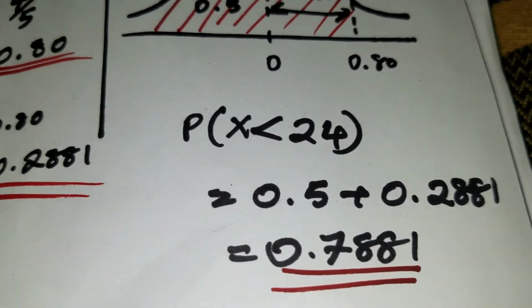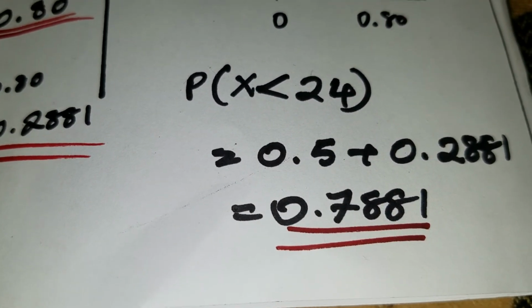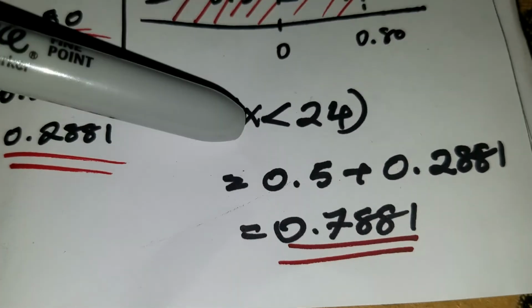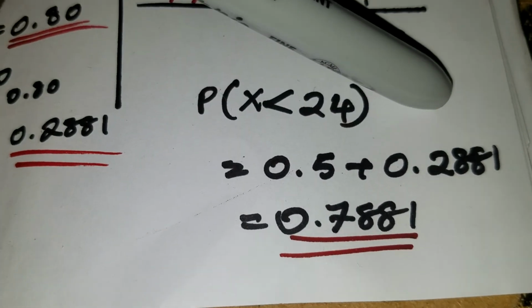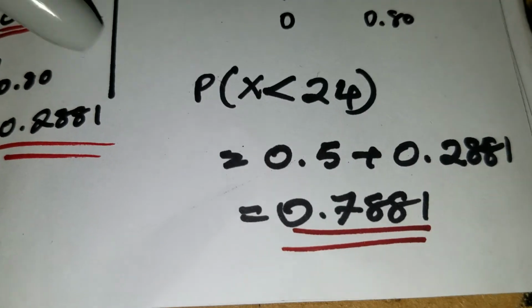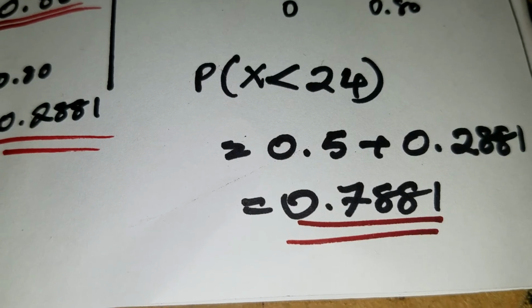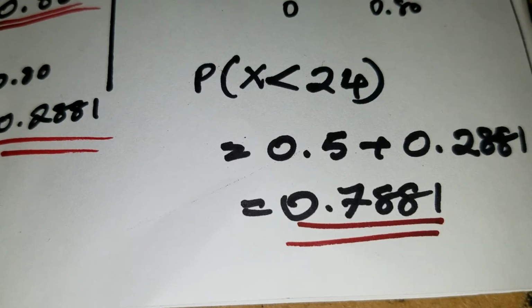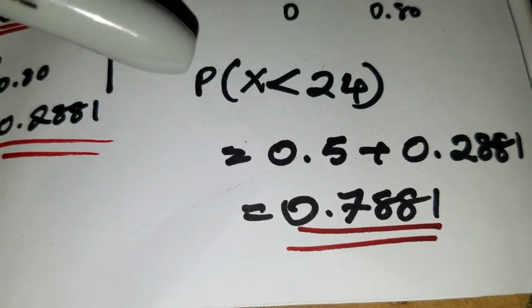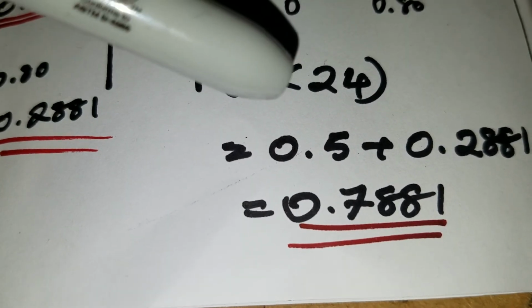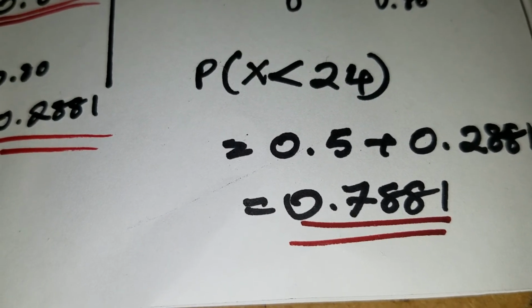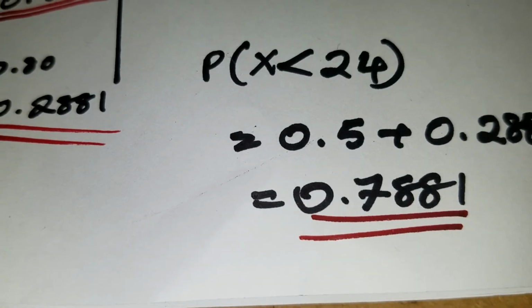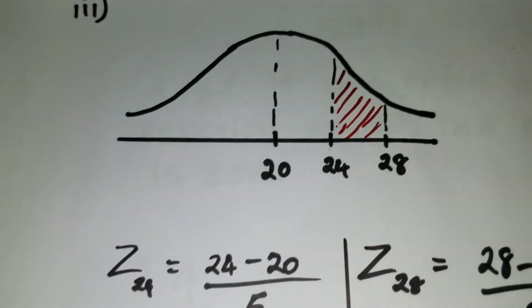Therefore, the probability that x is less than 24 is 0.7881. So we have a 78.81% chance that fewer than 24 visitors will visit that hospital.